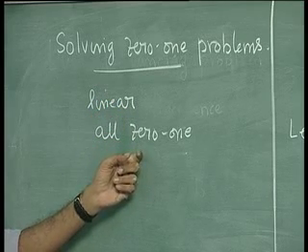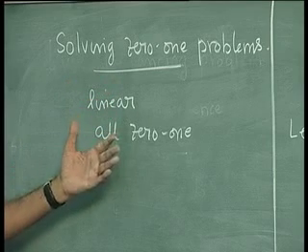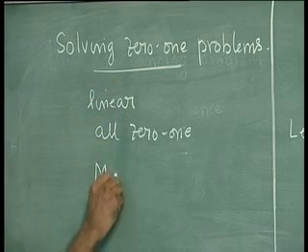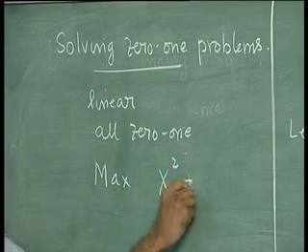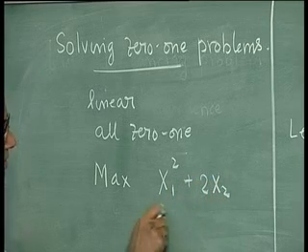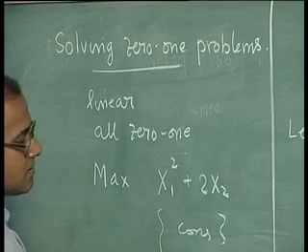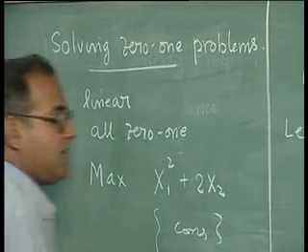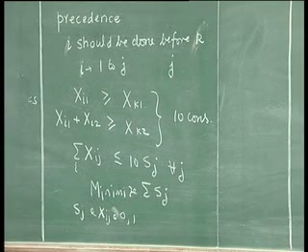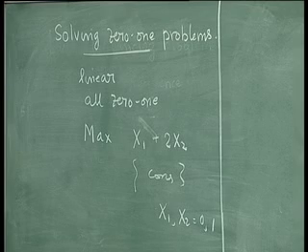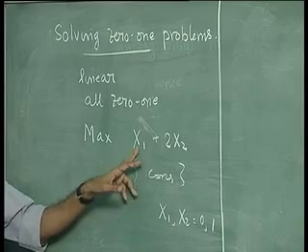For example, if you have x1 square plus 2x2 subject to a set of constraints, with x1, x2 being 0 1, and a nonlinear objective function which is only a power of the x's, you can always replace x1 square by x1, because x1 is a 0 1 variable. Any higher power of x1 is either a 0 or a 1. So, there is no problem associated with having powers.